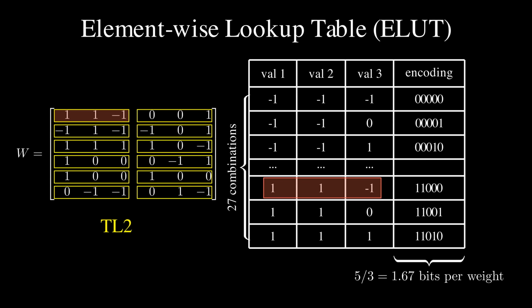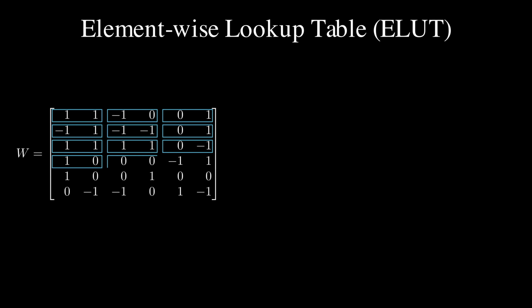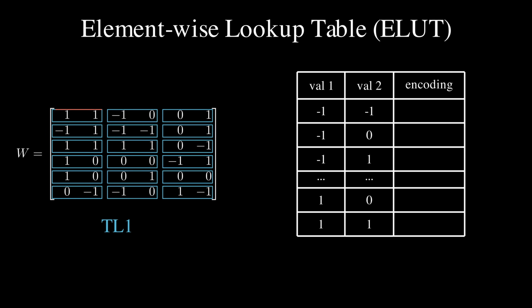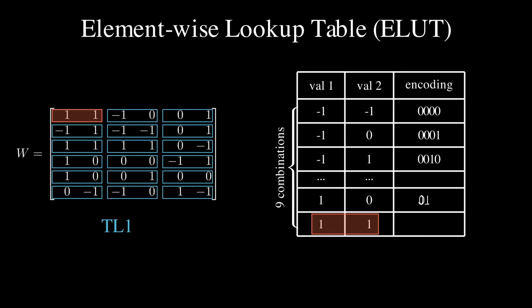TL stands for table lookup, and 2 is just a badly chosen, confusing version number. The other version uses groups of 2 weights stored in 4 bits and is called TL1. TL1 might seem like a step backwards because we're back to 2 bits per weight, but it might actually be more convenient as a storage format because 4 bits are easier to pack into an int8 than 5 bits are.